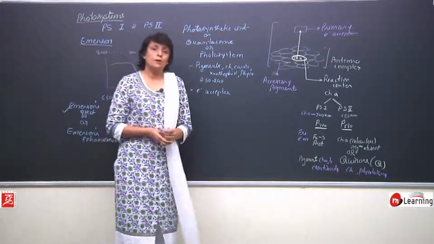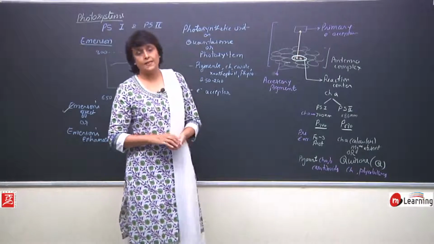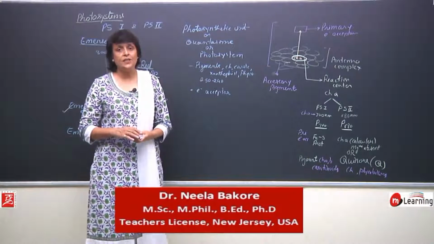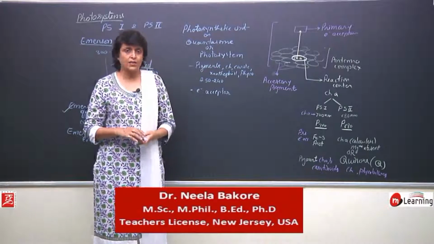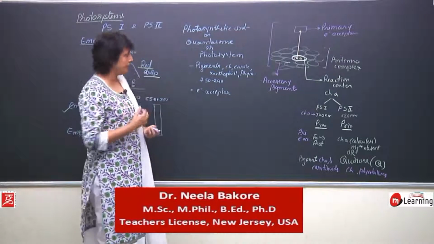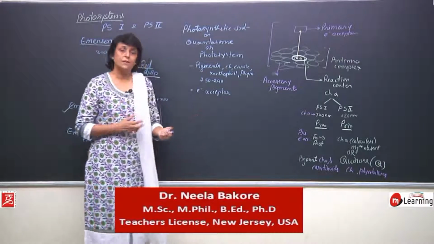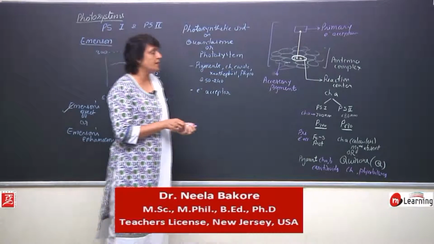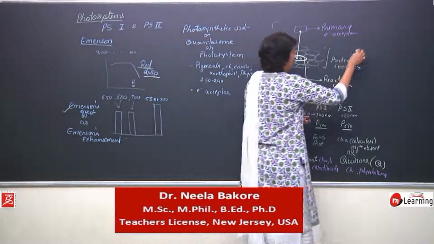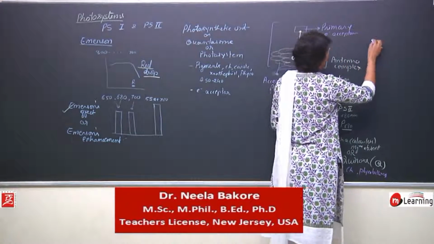We will talk about the two phases in which photosynthesis is completed, the light reaction and the dark reaction, and simultaneously we will take up a few more interesting things. Now, before we take up light and dark reaction, we need to understand one more important thing, that is fluorescence and phosphorescence.